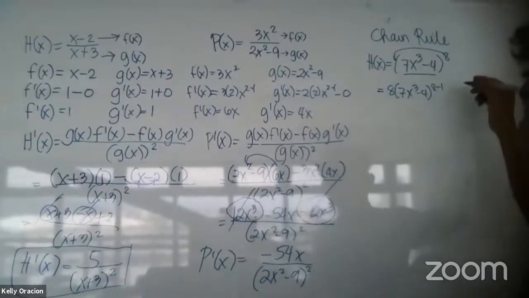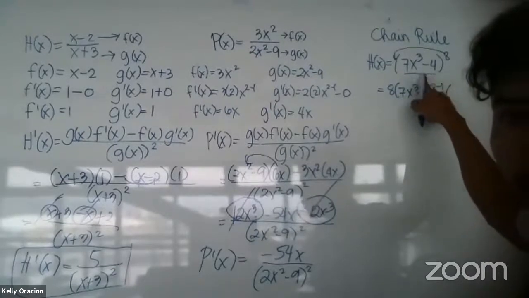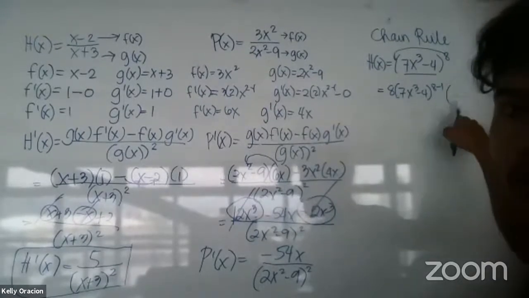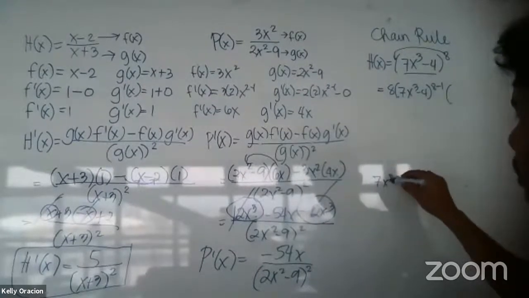Next, multiply. After applying the power rule, you multiply by the derivative of the base. Our base is 7x cubed minus 4.